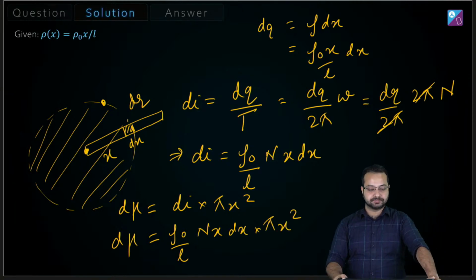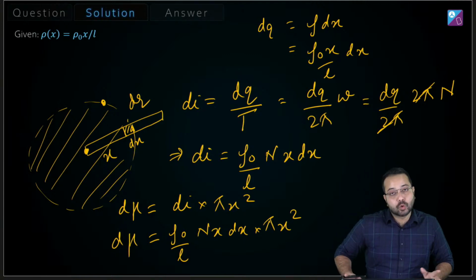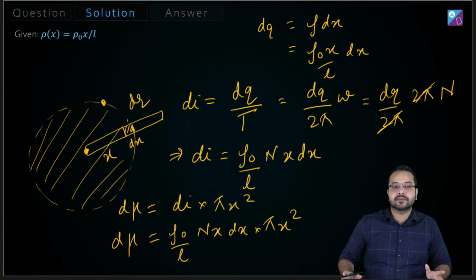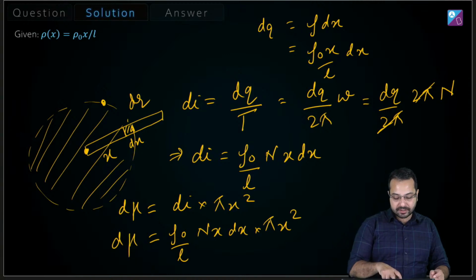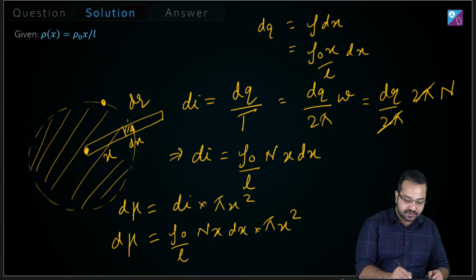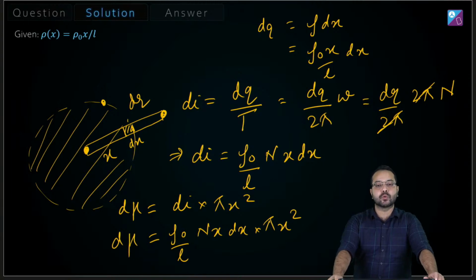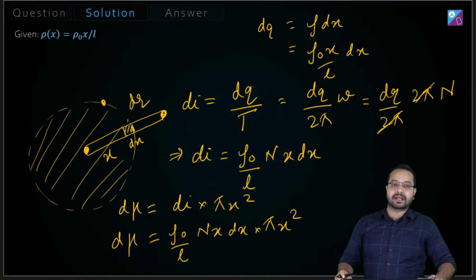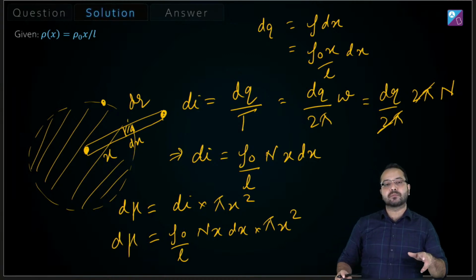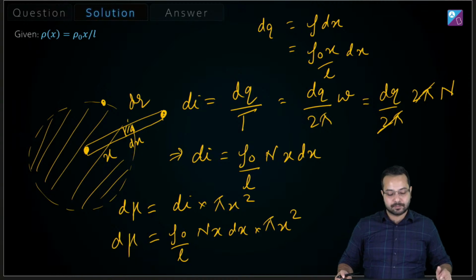Is that clear? After this, you know what we have to do. We'll have to integrate, and x is going to vary from 0 to L. Do you agree? X is going to vary from 0 to L, and then we are going to get the total magnetic moment. And we are able to add all these small magnetic moments because they are in the same direction.